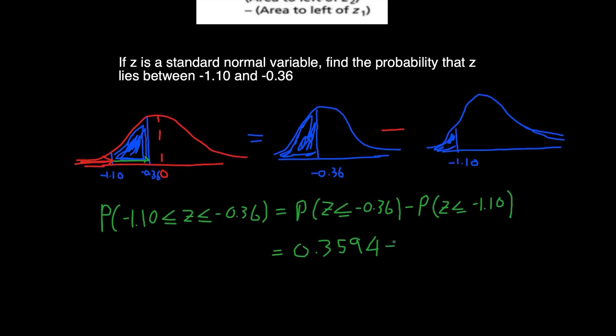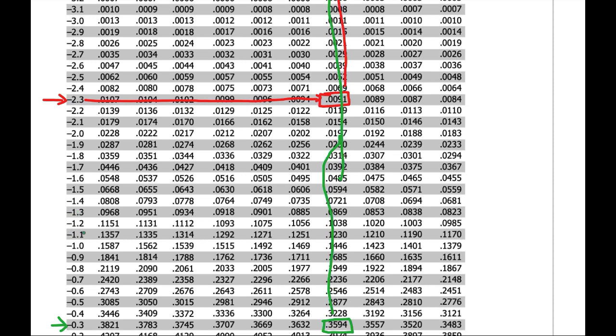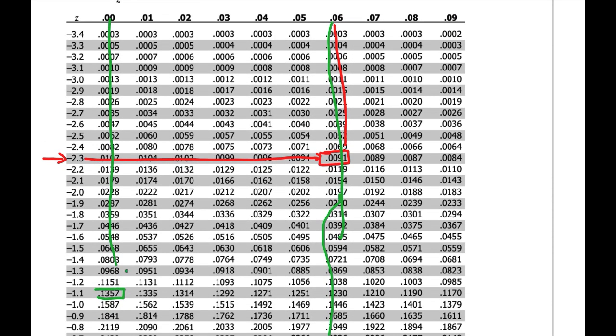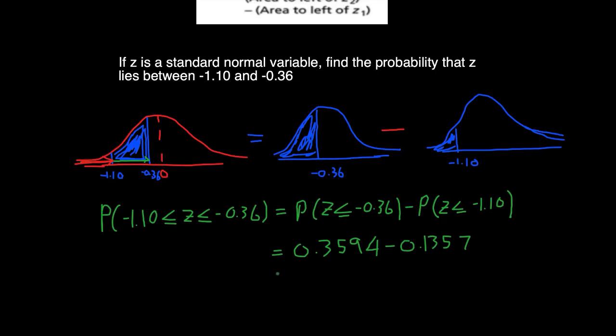Minus z less than or equal negative 1.10: negative 1.1 is here, 0 is here, so the number is 0.1357. Once you subtract 0.1357 from 0.3594, you will get 0.2237.